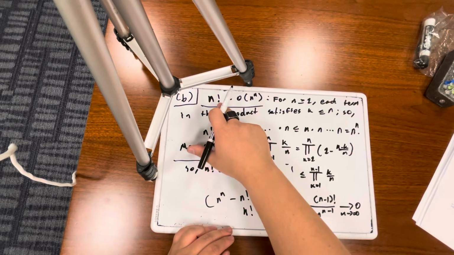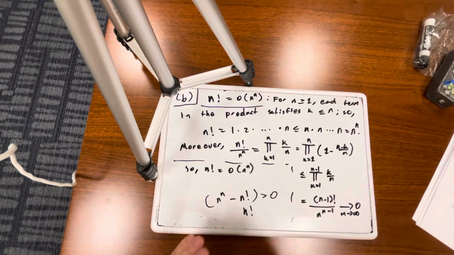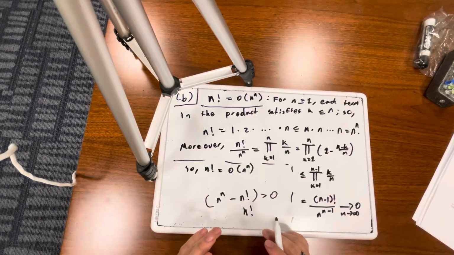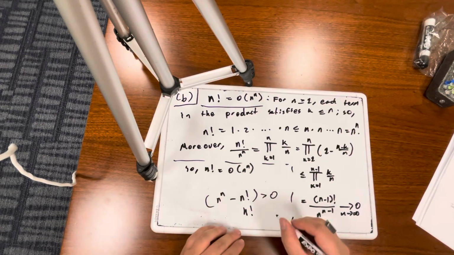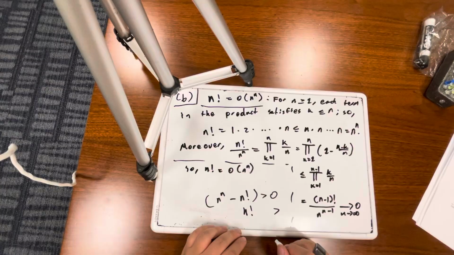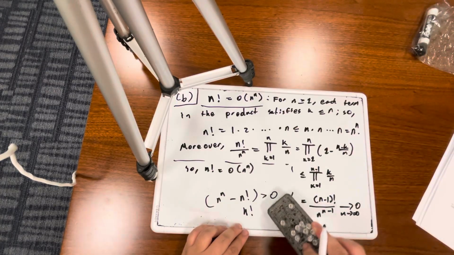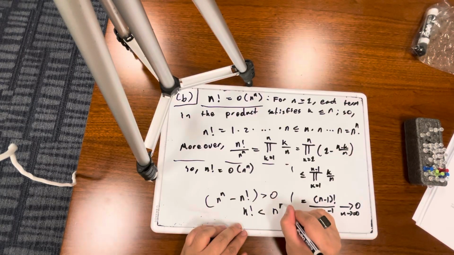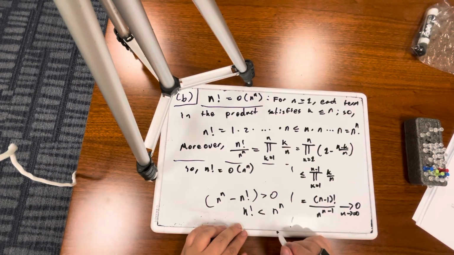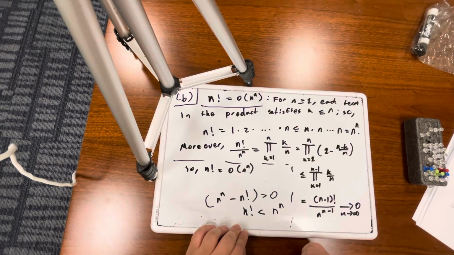It is fair to say that n factorial is bounded above by n to the n. I don't know about it being little o, because that's a strict inequality, right? So let me think about this. Unless I'm leaving something out here, right?